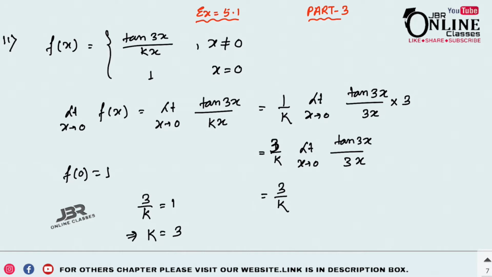Now the next one, sum number 12. In sum number 12, here is the function f defined by f(x) equals tan x, continuous at x equal to pi by 2.